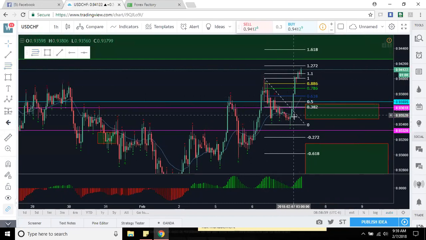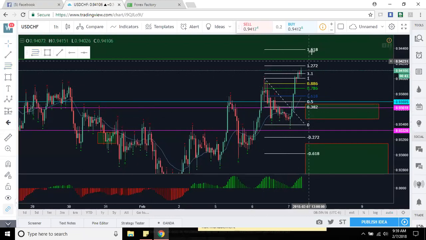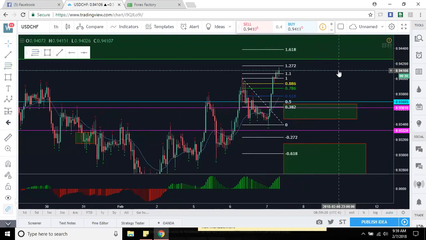So from this low to this high, this impulse move should finish or complete either at the 1.272 or the 1.618. When you fib the retracement, these extension levels are giving you the prediction, a nice mathematical probability of where that swing point should be created.